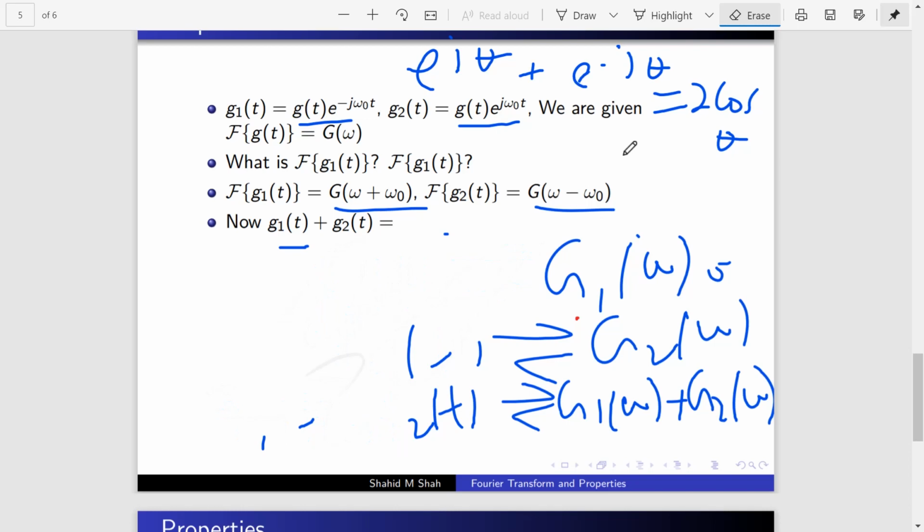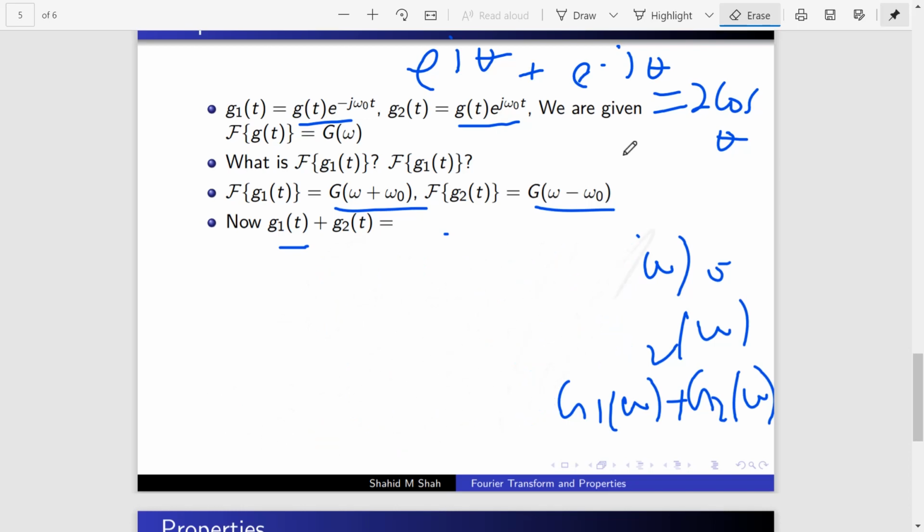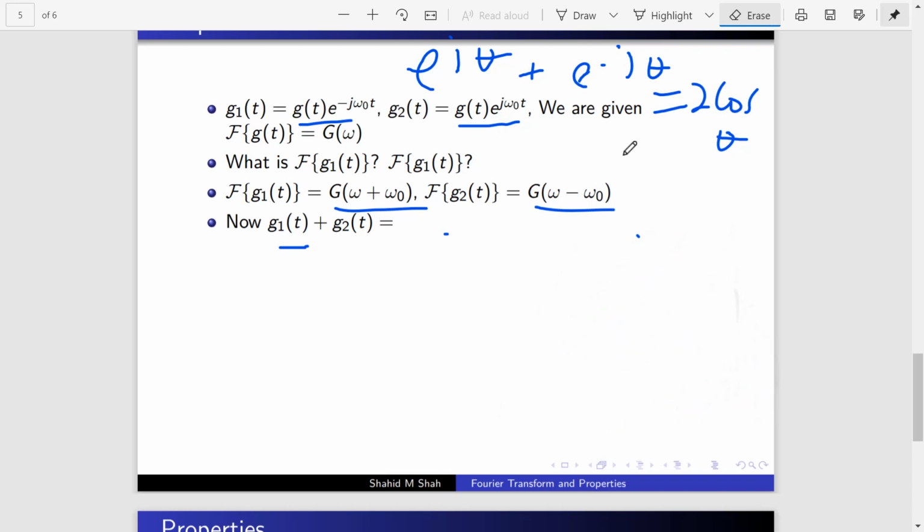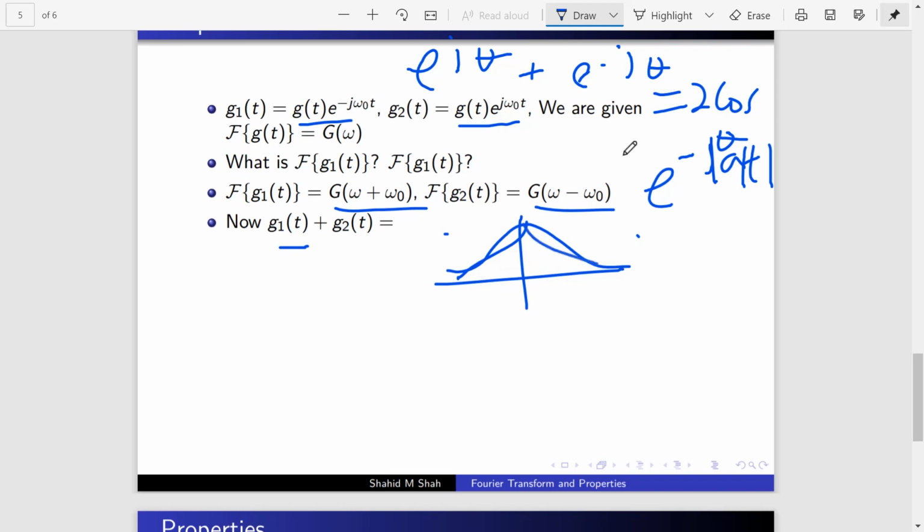Okay, so we will take the example of the same function which we have already done, that is e to the power minus a mod of t. If you plot this function, it is like this, and its Fourier transform is 2a divided by a square plus omega square, इसका Fourier transform कुछ ऐसा है.